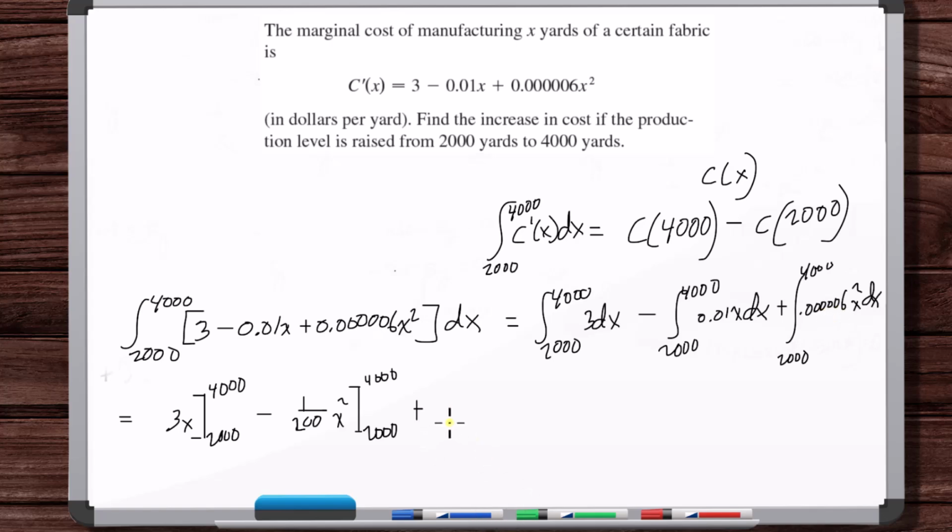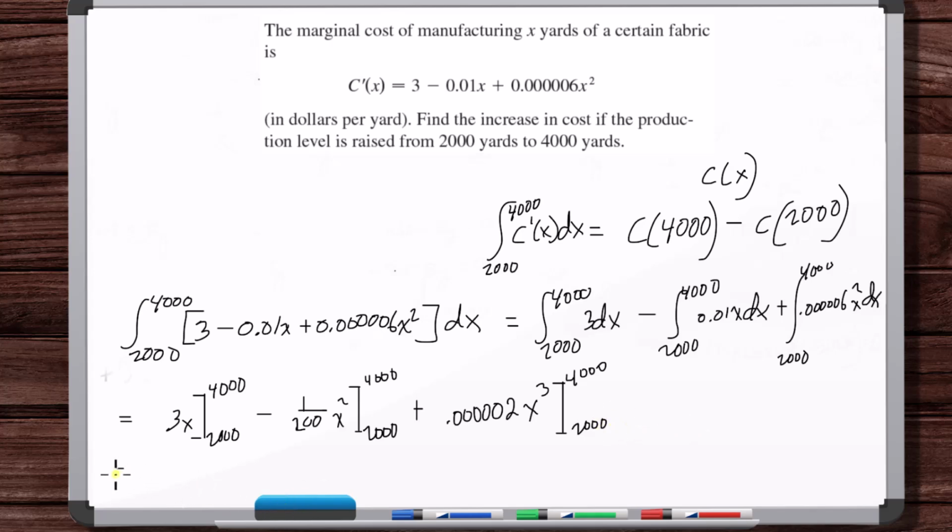That would be 0.2x cubed. Right, because you bring down the 3, you get 0.000006 x squared. Okay, then from 4,000 to 2,000.